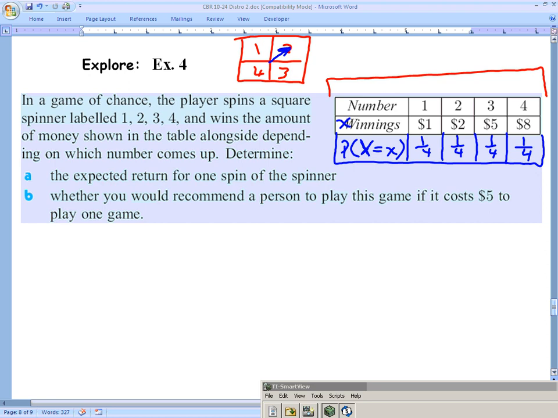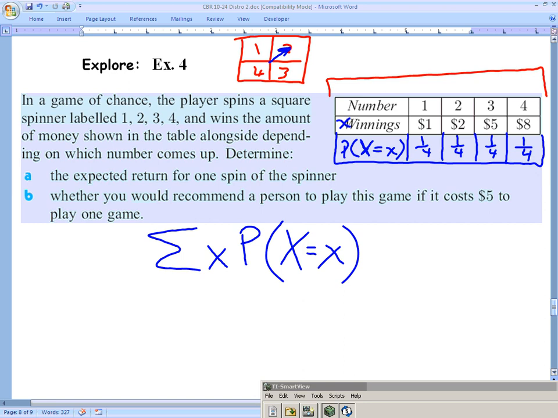Well, this is where we're going to use that sigma, where we take sigma, my data, times the probability of getting that data. So my first piece of data was $1, and I happen to have that 1/4 of the time.